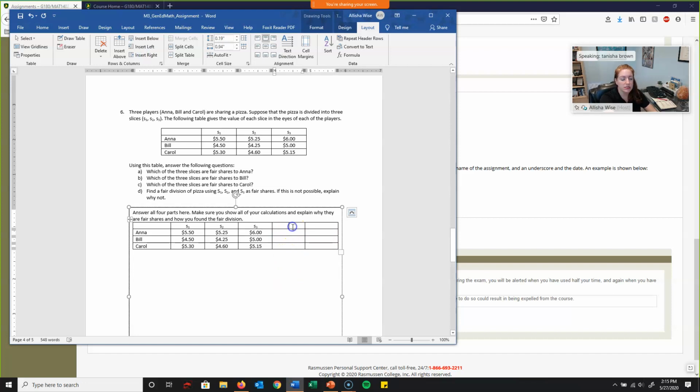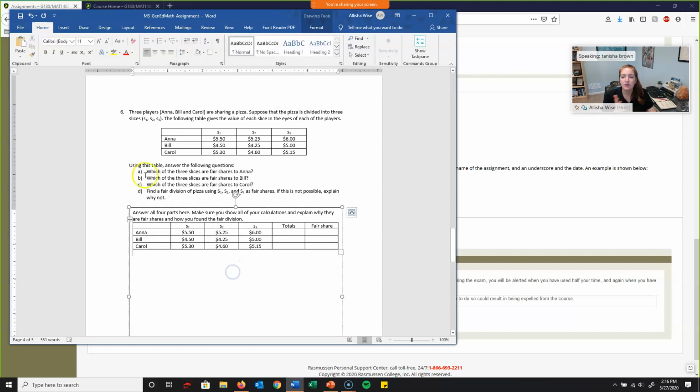You don't have to do this, but I would do totals and fair shares. And you can highlight which sections are the fair share. That's fine as well. And it helps visually too.